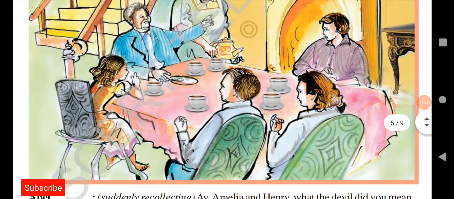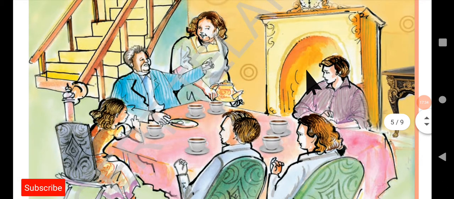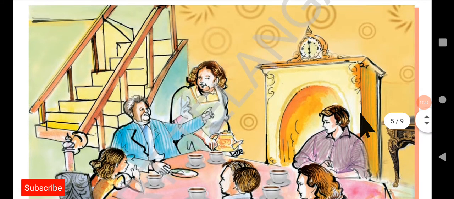So here in part 1 we had seen that both Amelia and Henry had shifted the bureau of this old man downstairs. As you can see here, the bureau, this new one, and also this clock too.